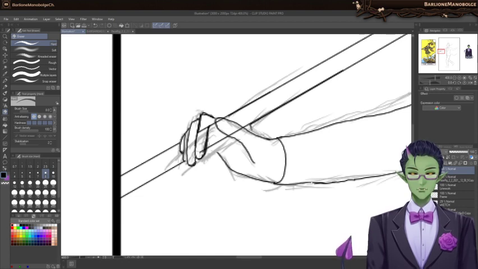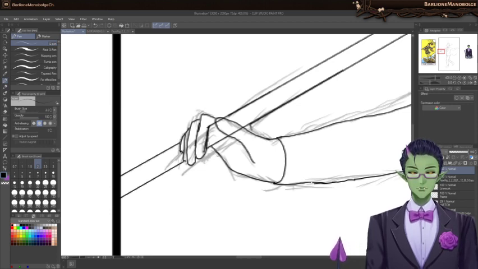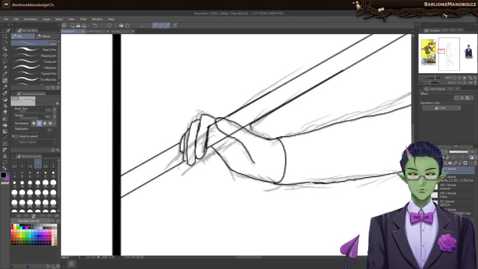Now, it's the pole that it's hidden behind. Oh, and also the thumb.